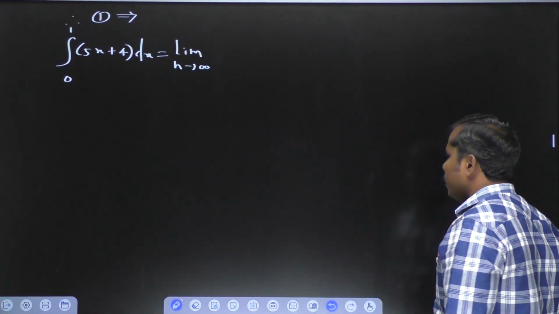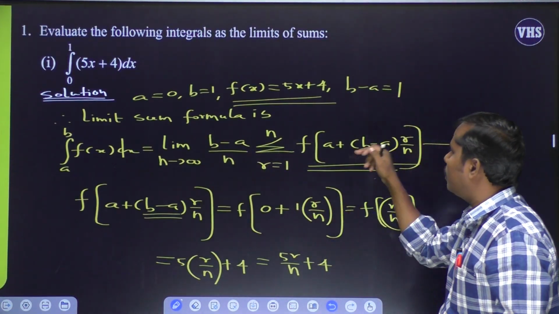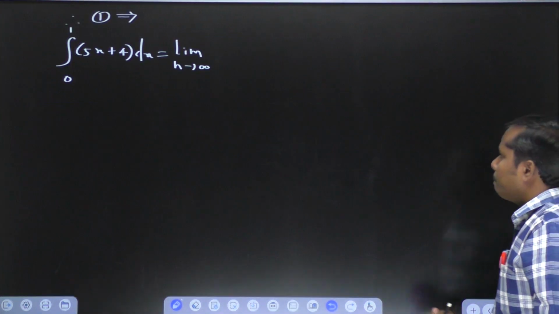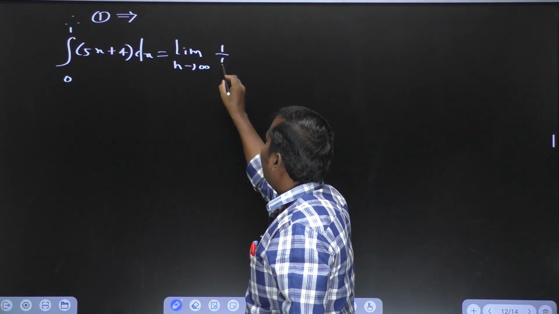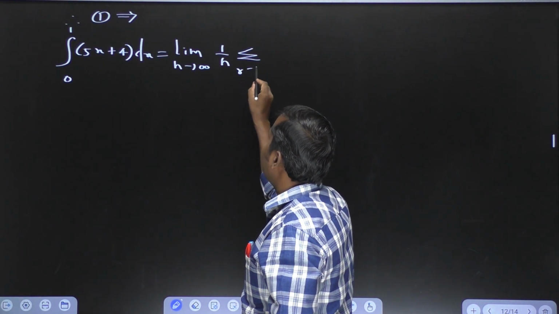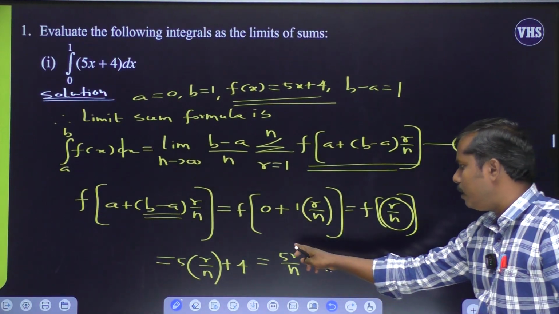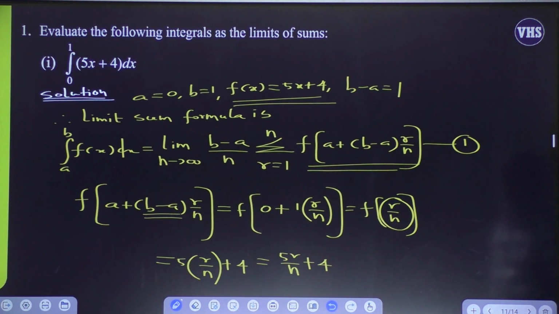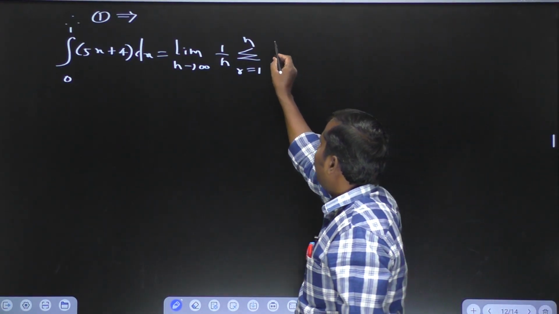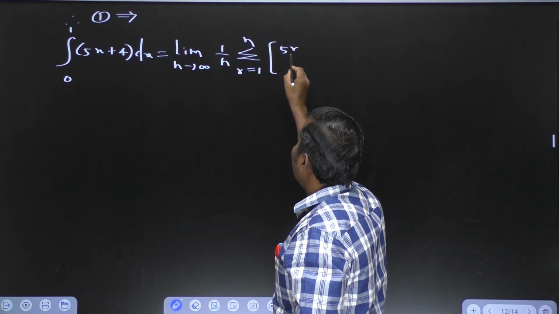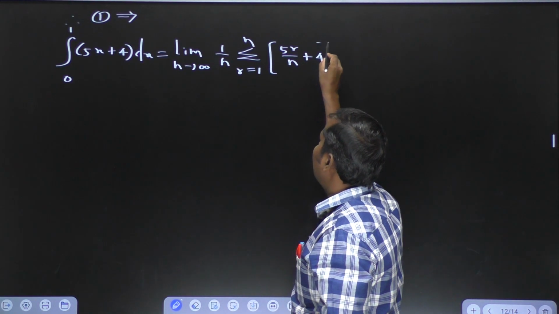What is our b minus a? See the formula. b minus a is 1. Summation ranges over r from 1 to n. Function value: what is the function value you got there? 5r by n plus 4.